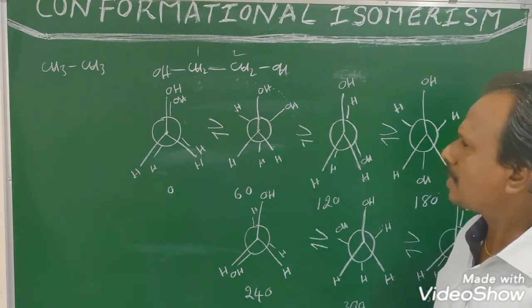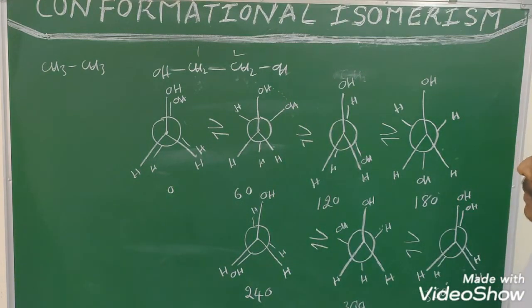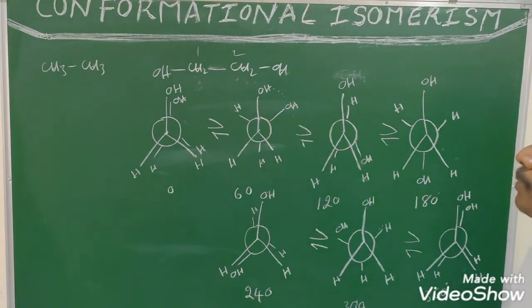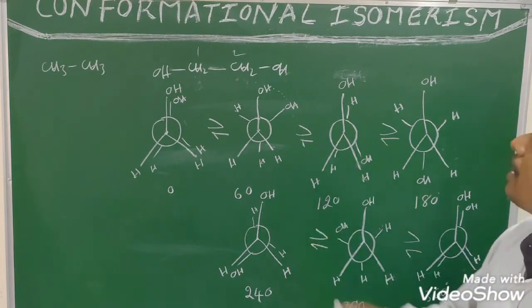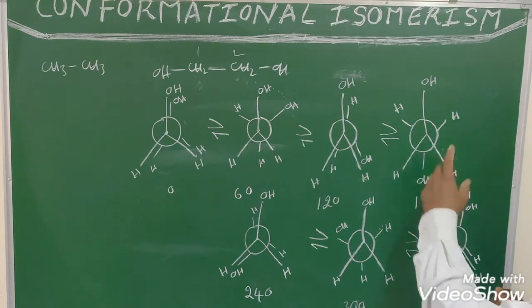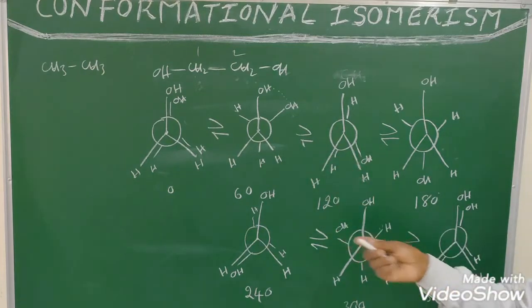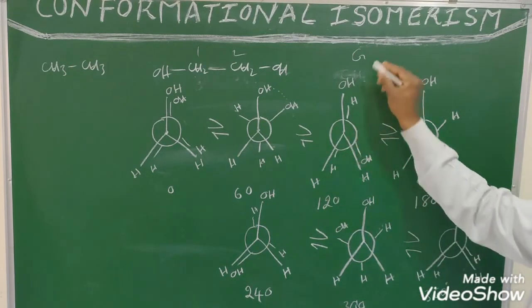Any bond formation is an exothermic process. Heat is liberated. That means it attains extra stability. So in the case of ethane-1,2-diol, the stability order changes slightly. In butane, anti is more stable, but in ethane diol, due to intra-H bonding, Gauche is more stable than anti.